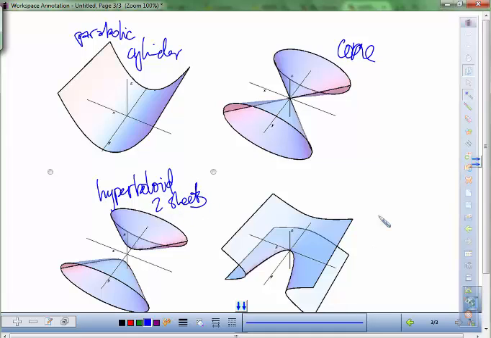Now this one. It's sideways. Don't let that throw you off. It's a saddle. What's it called again? Backwards. So it's one of those.